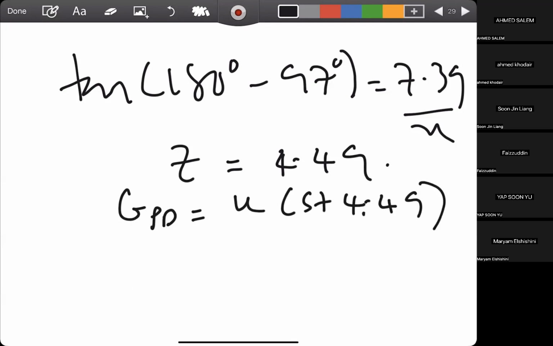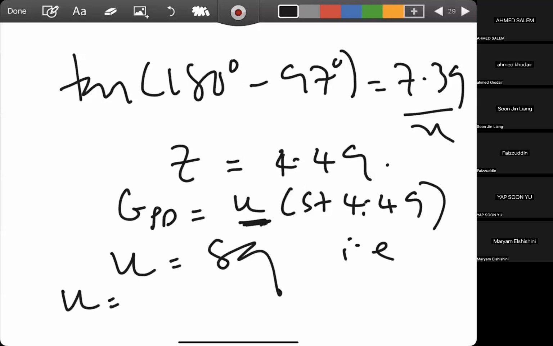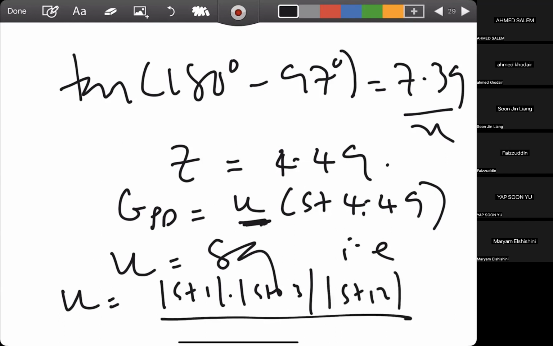But you have to calculate this gain value, which is equal to 89. You replace with the just now (s plus 1)(s plus 3)(s plus 12) divided by the new zero.